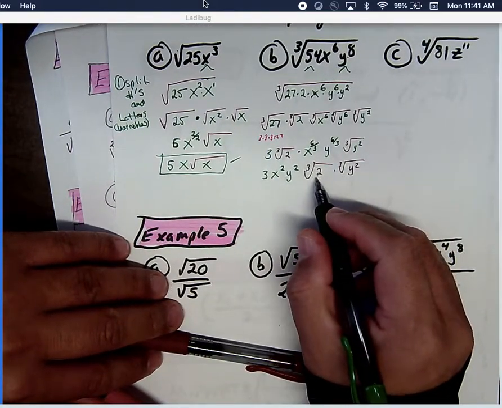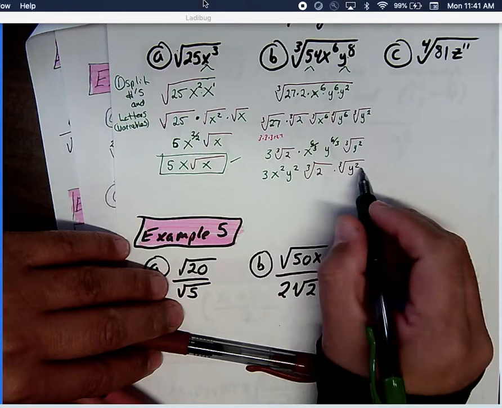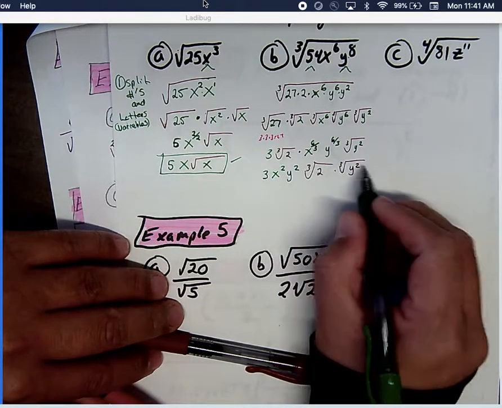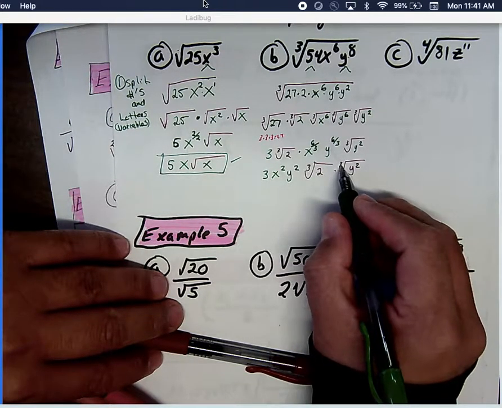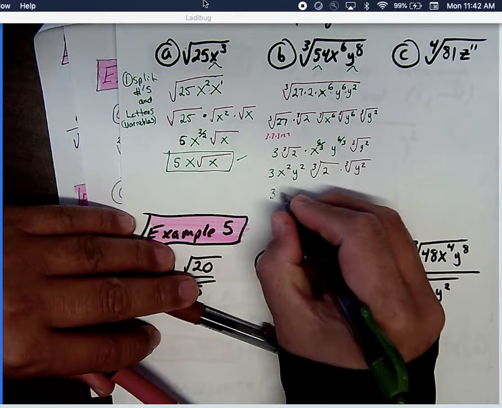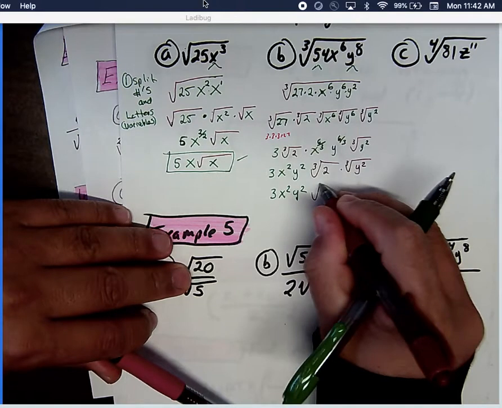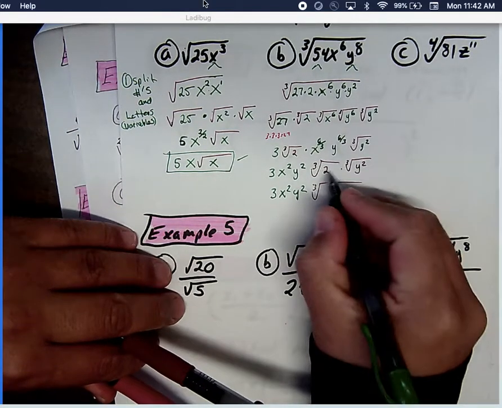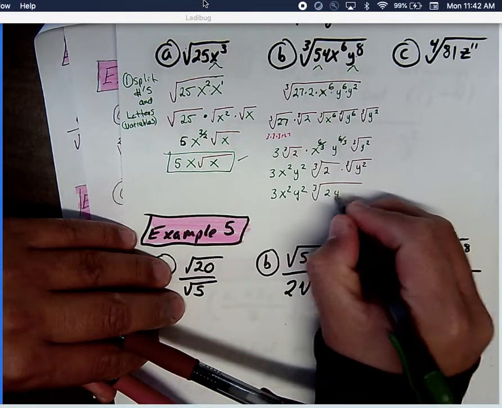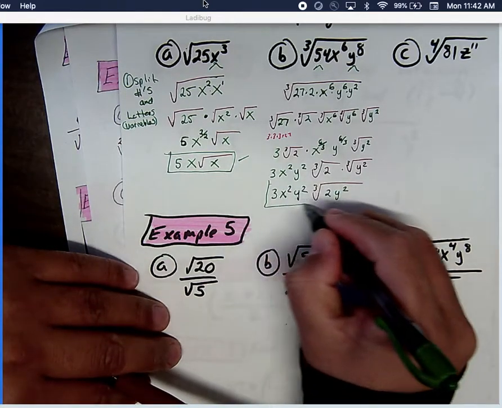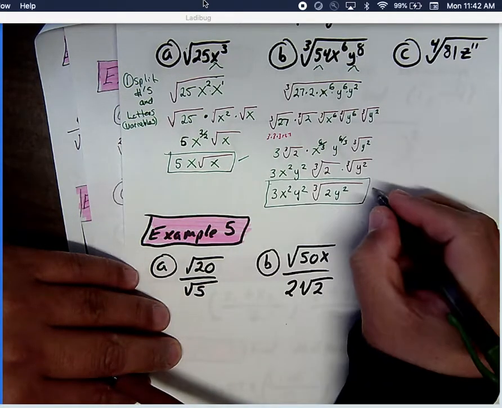So here we can actually combine these two because we can't do nothing with them. We can put them together because they have the same index. So we can rewrite this finally as the final answer for this one would be 2y squared. And that would be the final answer for that one.